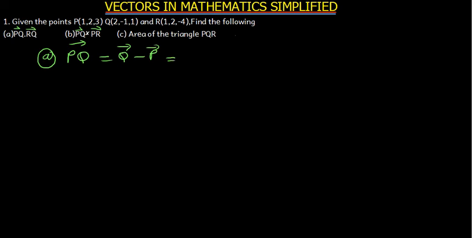And here Q, we can see, is the vector 2, -1, 1, writing it in a column matrix form, and then P, that is 1, 2, 3. So if we subtract this, we subtract like terms, those x coordinates together, y coordinates together. 2 minus 1, that is a 1, -1 minus 2, that is a -3, 1 minus 3, that is a -2.